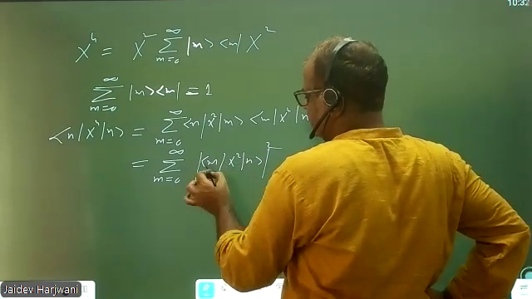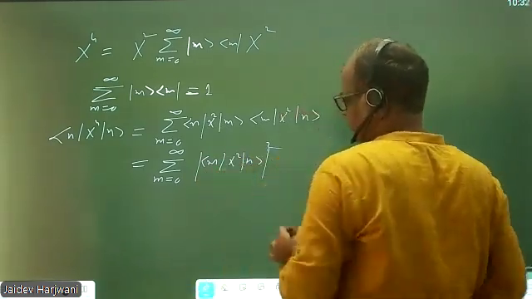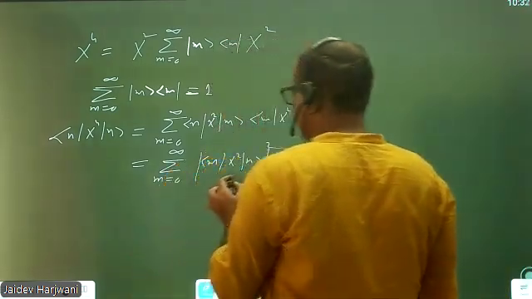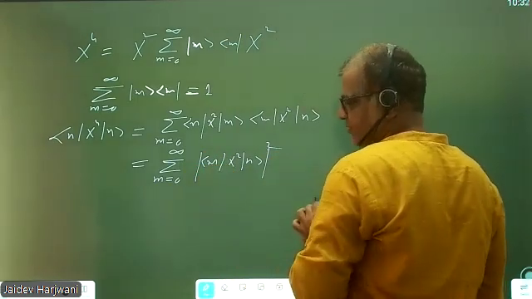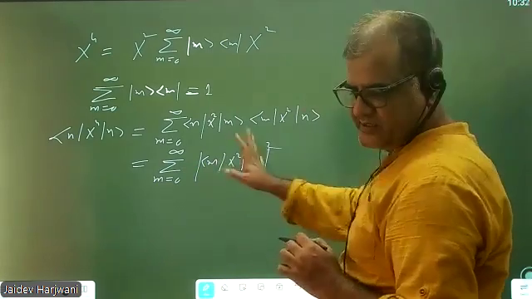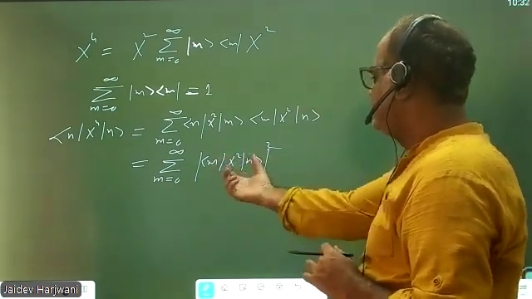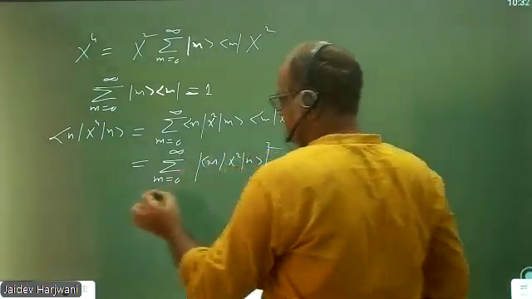Because x² is there, m can be either n minus 2 or n plus 2, or equal to n. In those cases only you'll get a value for this element. Otherwise every element will be 0.